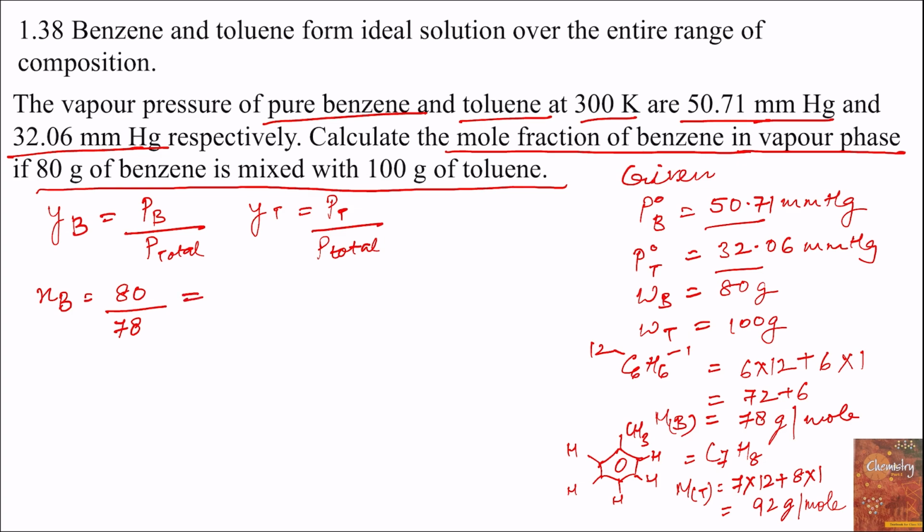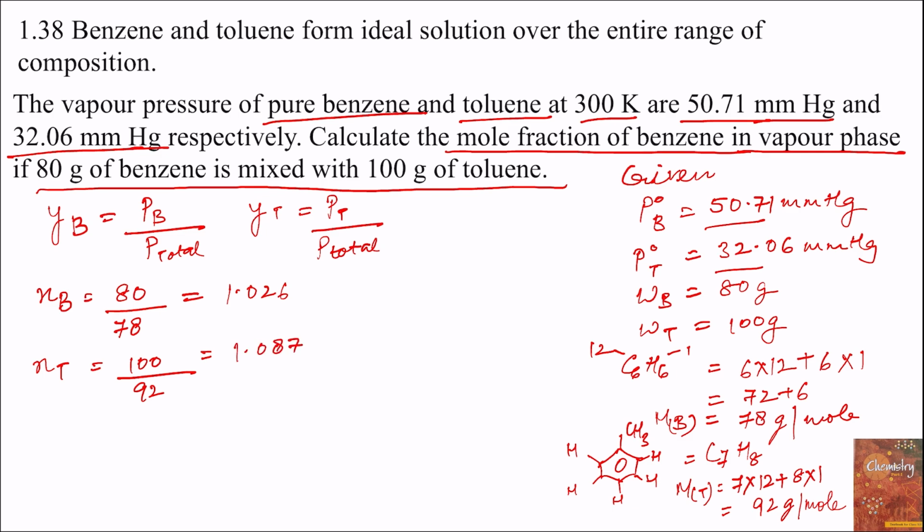This is equal to 1.026. And moles of toluene is equal to weight of toluene, that is 100 gram, divided by molecular weight of toluene, that is 92, and this is equal to 1.087.